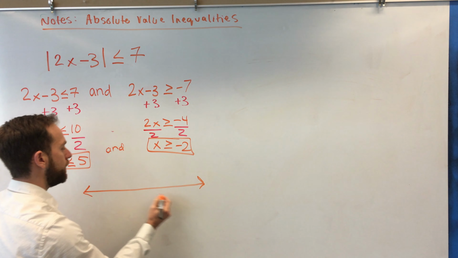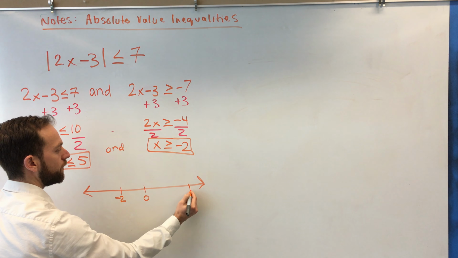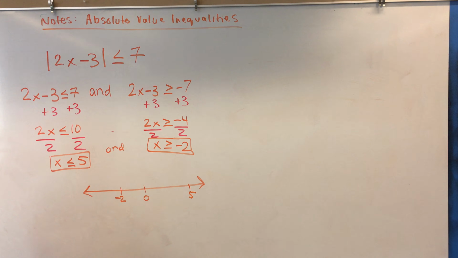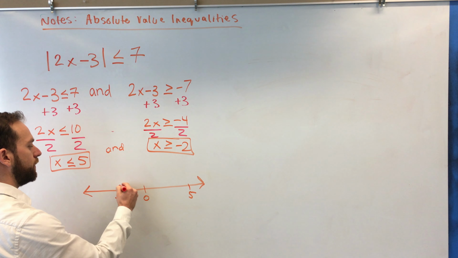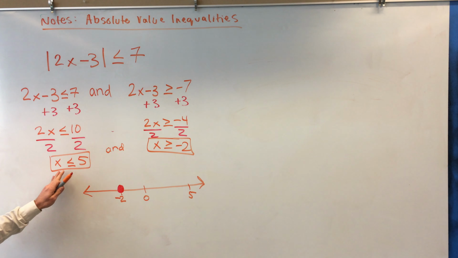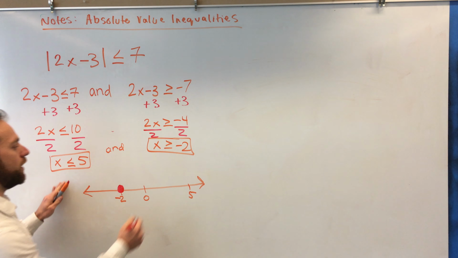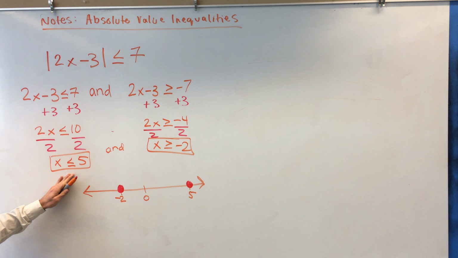So on your number line, this looks like a point at negative 2 that's solid, because it could be equal to negative 2, and a point at positive 5 that's solid, because it could be equal to 5, and everything in between.